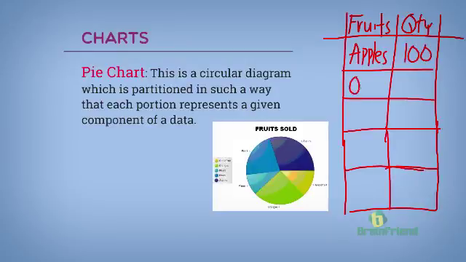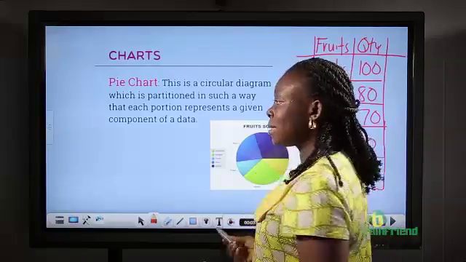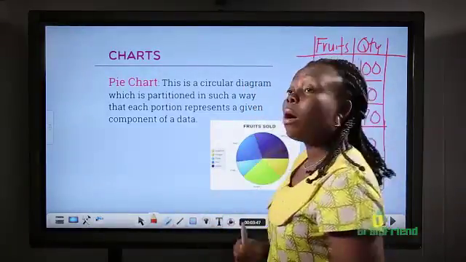We have oranges, we sold 80. Pears, we sold 70. Then we have grapefruit and plum. We sold 30 grapefruit, and for plums, we sold 20. This is a simple representation of this table on a pie chart.